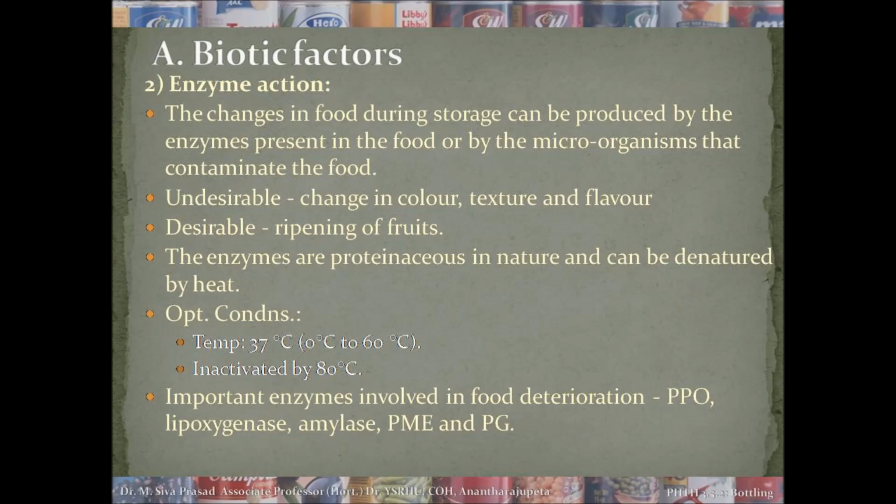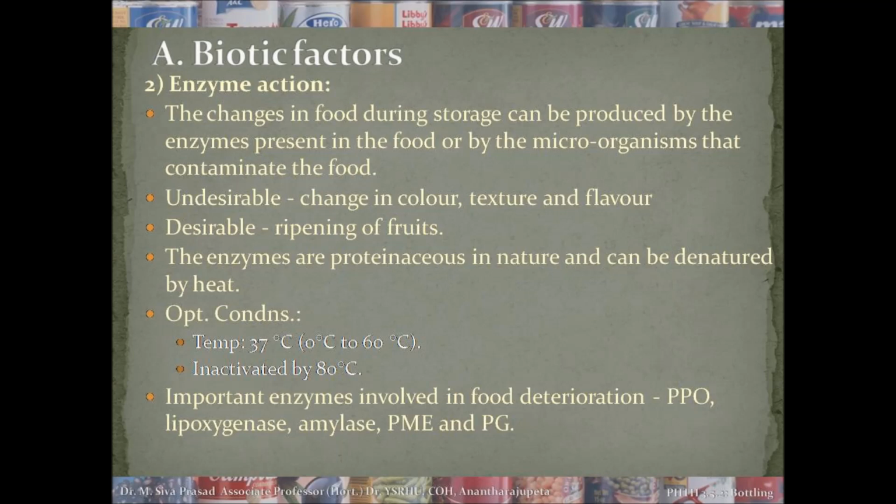If you carry out a process called blanching, that means dipping a fruit or vegetable in boiling water at around 100 degrees Celsius, it brings about denaturation of these enzymes, so they will not be able to bring about undesirable changes in the food during its storage in cans or bottles, right?